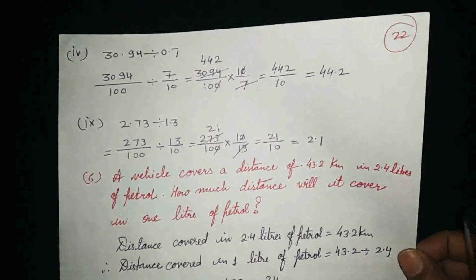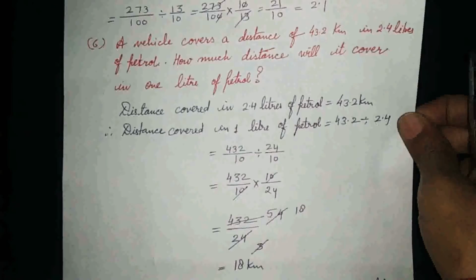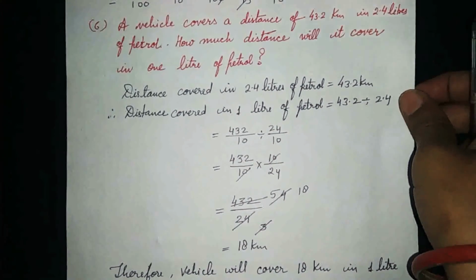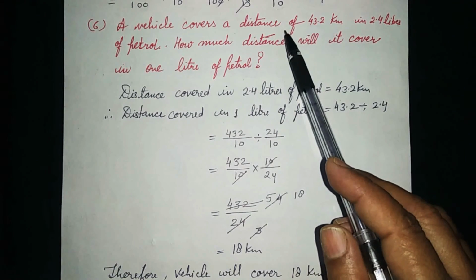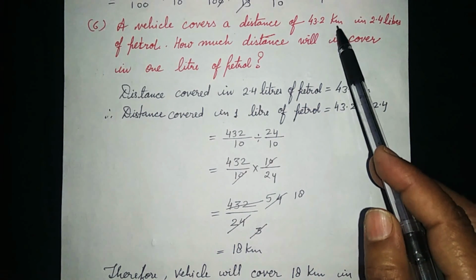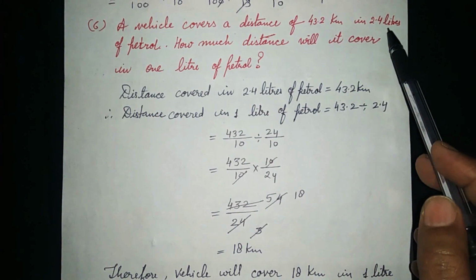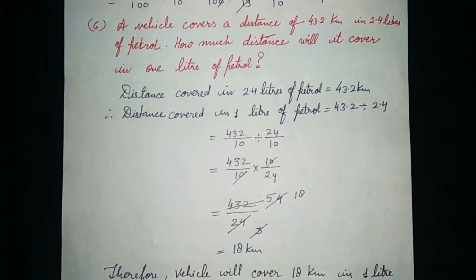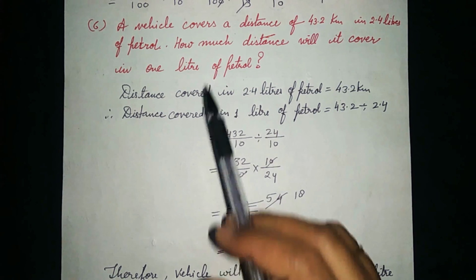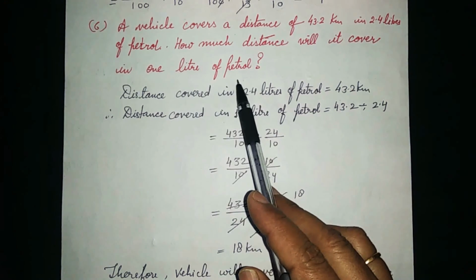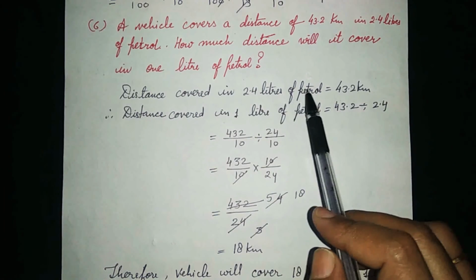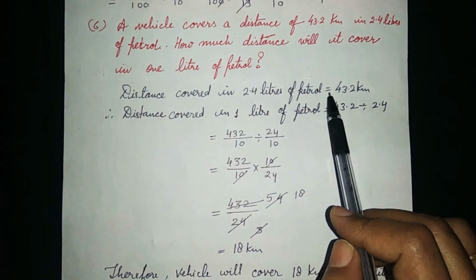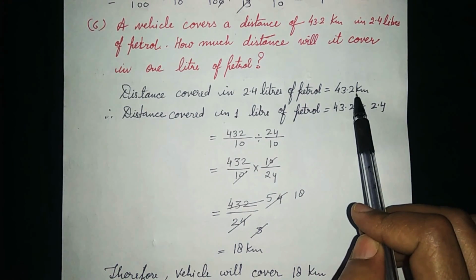Now see the sixth question. The sixth question is: a vehicle covers a distance of 43.2 km in 2.4 liters of petrol. How much distance will it cover in 1 liter of petrol? The distance covered in 2.4 liters of petrol is 43.2 km.